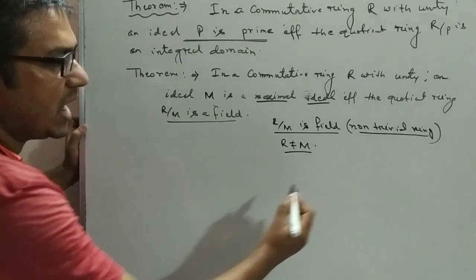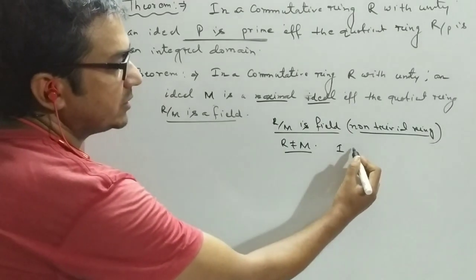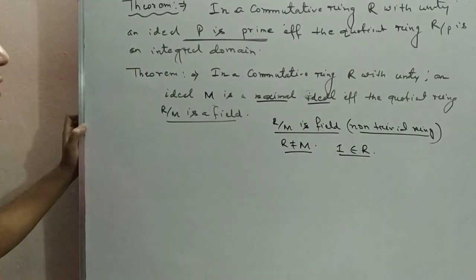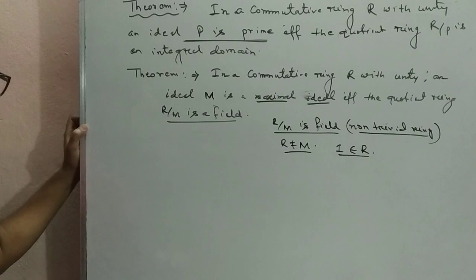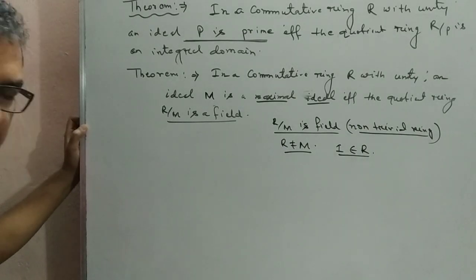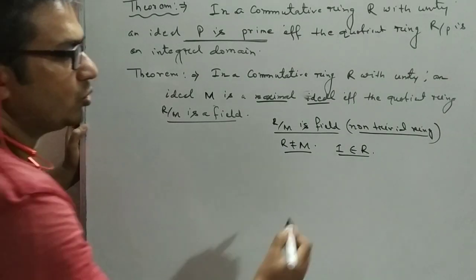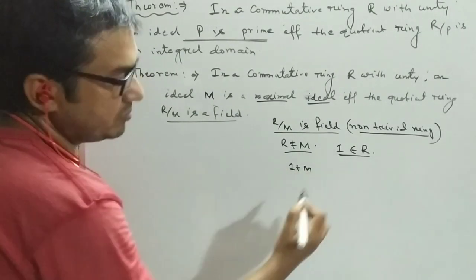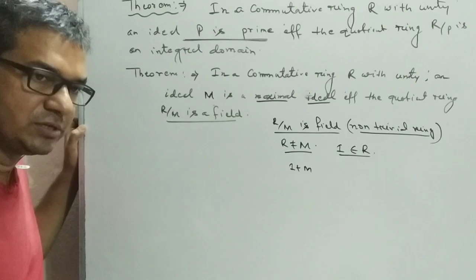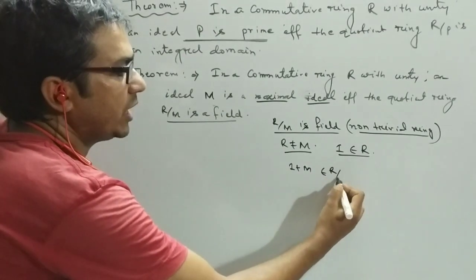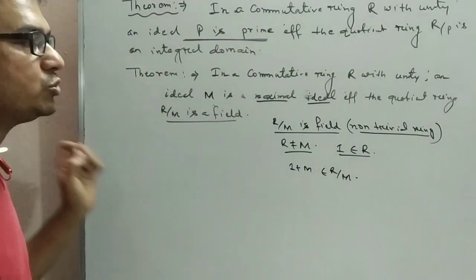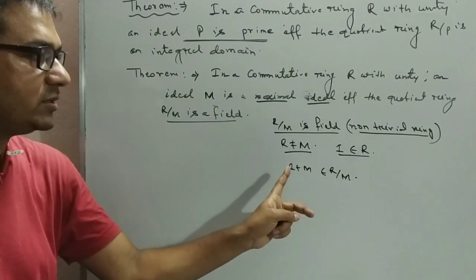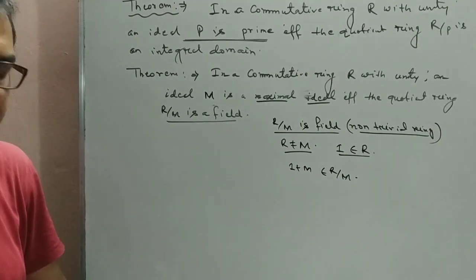Since 1 belongs to R and R is commutative, we must have 1 plus M as the unity element of R by M, because if the mother ring contains unity, then the quotient ring also contains unity.